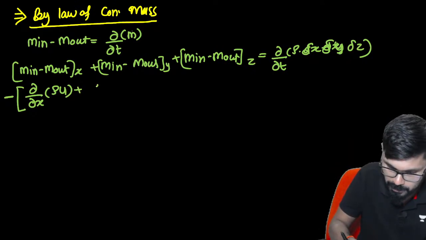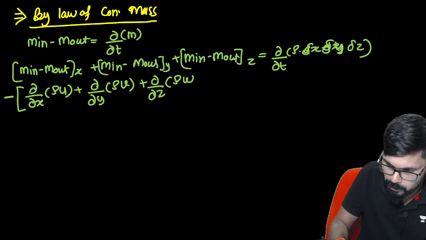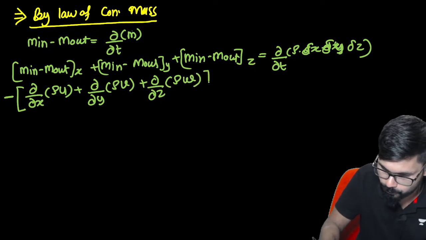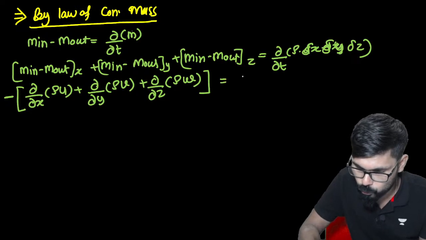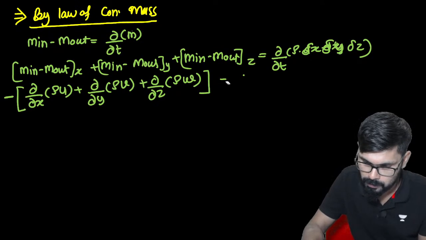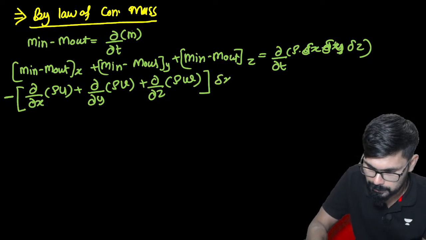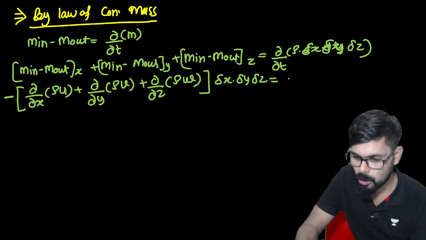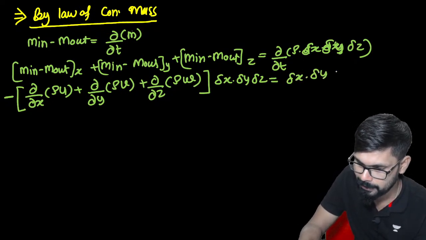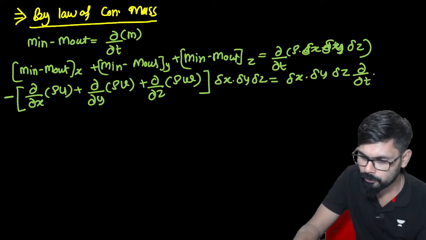So plus dou by dou y of rho into v plus dou by dou z of rho into w is equal to, ये delta x delta y delta z, अच्छा इसमें remaining क्या बचा है, delta x delta y delta z, right, is equal to this term is common. So delta x delta y delta z is constant ना, so constant differential के बाहर आ गया. So dou by dou t of rho.